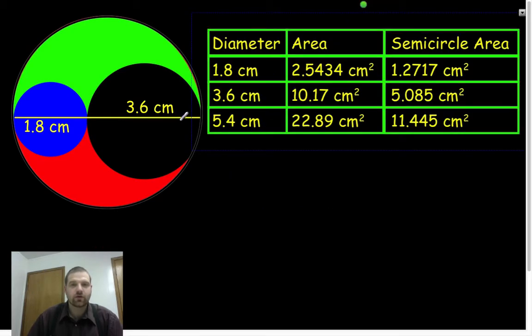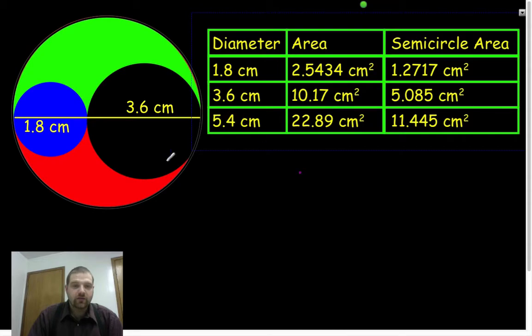Here we have a table with all of this information. We've got the diameter. If the diameter is 1.8 centimeters, then the area of the circle would be 2.5434, and the semicircle area would be 1.2717 centimeters squared. 3.6 area would be 10.17, so this area in here is 10.17, and the semicircle area would be 5.085.